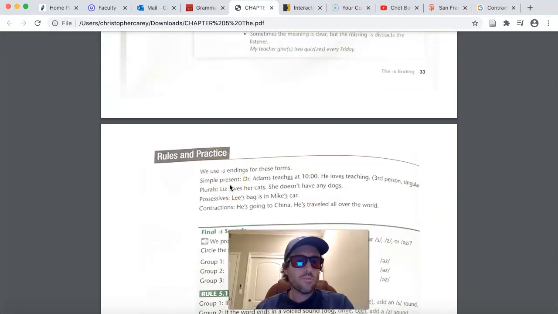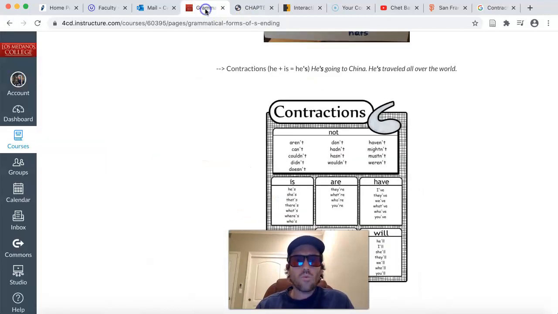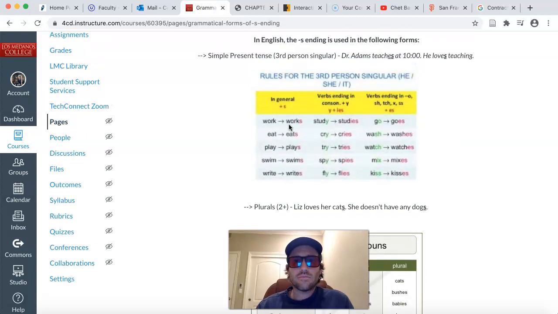The first form is the simple present tense, and I know that you covered this assuredly in grammar now that you're taking, or previously in adult ed or in your K through 12. When we talk about someone else in the third person singular, we add S to that verb.